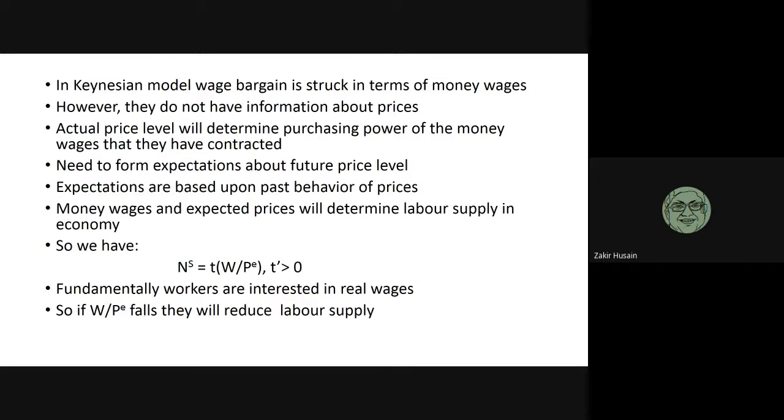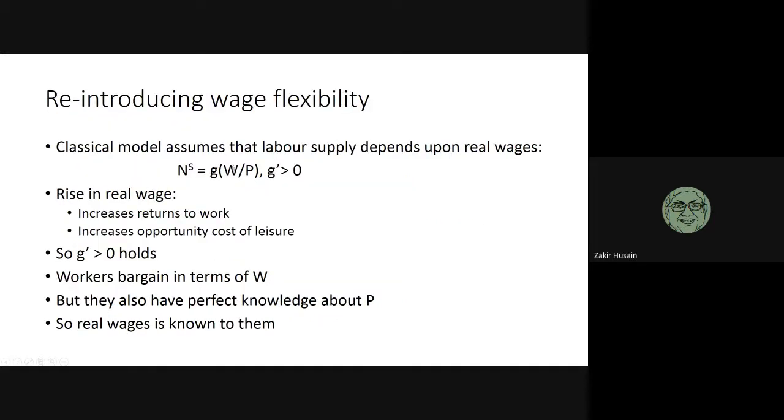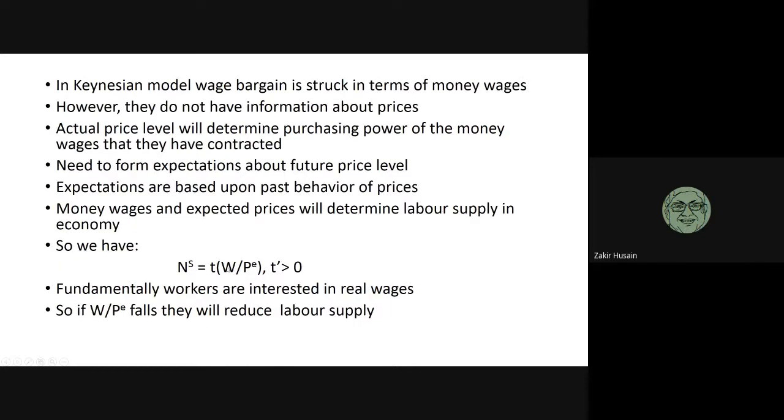So instead of a function like G of W by P, I'm going to have a function of W by expected prices. Because the classicals have full information, they can put in price. We don't have the full information here, so I put in expected price. Is it clear?